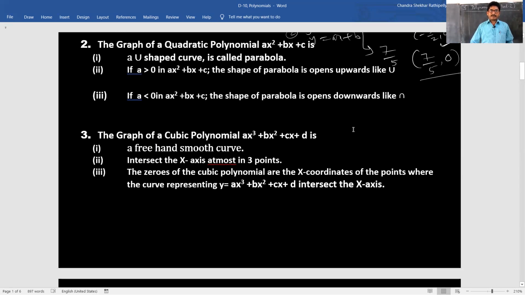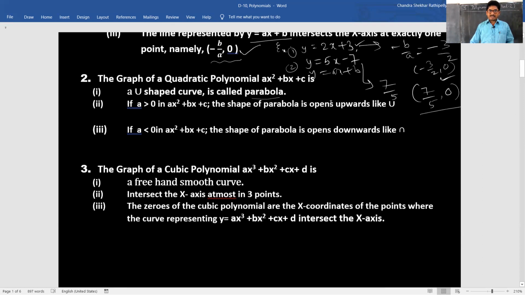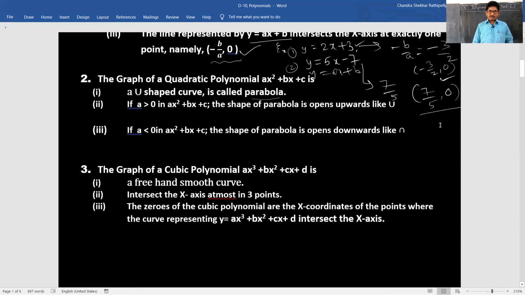Next, the second one. The graph of a quadratic polynomial ax square plus bx plus c is a U-shaped curve called a parabola. So you children, you solved this on a graph. If you don't know, I will show you how a parabola looks on a graph.